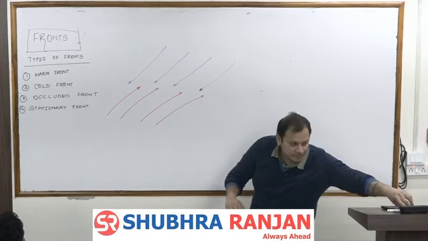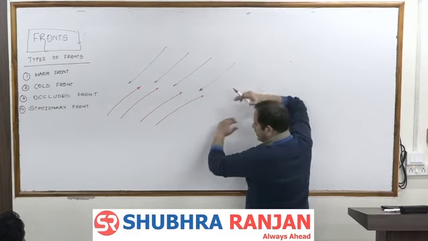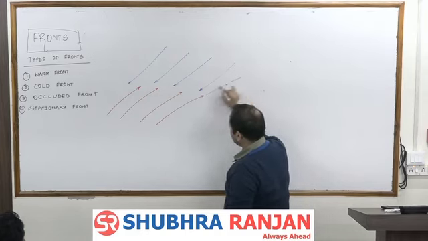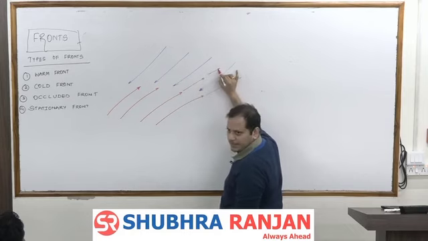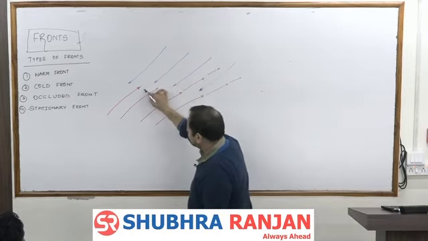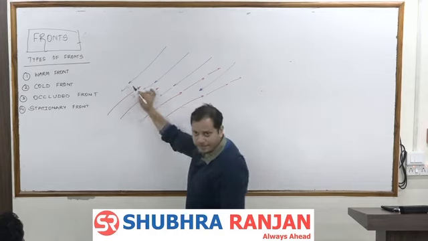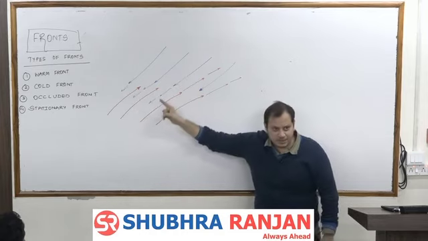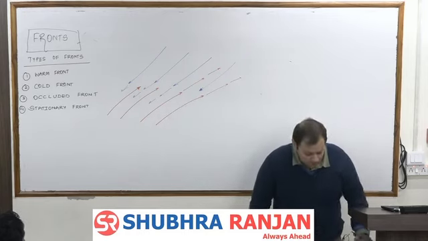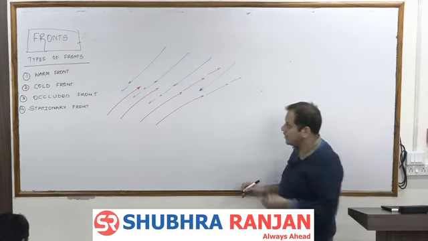Now after meeting, this is the region of cold air, this is the region of warm air, but westerly अपने direction में अंदर जाएगी in the regions of warm air, and easterlies will come southwards and enter the regions of cold air. Cold air will enter the region of warm air, warm air is going to enter the region of cold air. So based on which air is dominant, we call it a front.